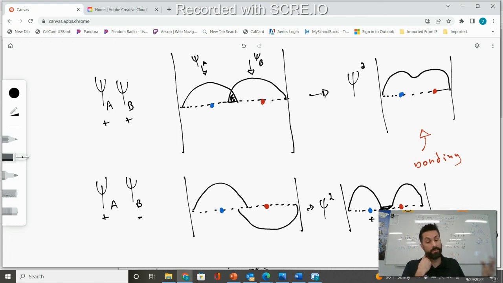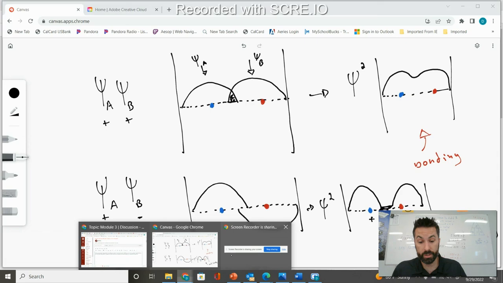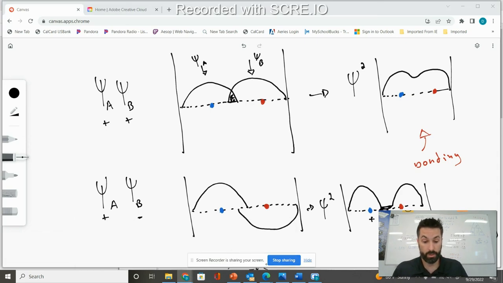Okay? So that's what's going on, and we have bonding and antibonding. We will go more into this bonding and antibonding and molecular orbital theory later and what's going on there.